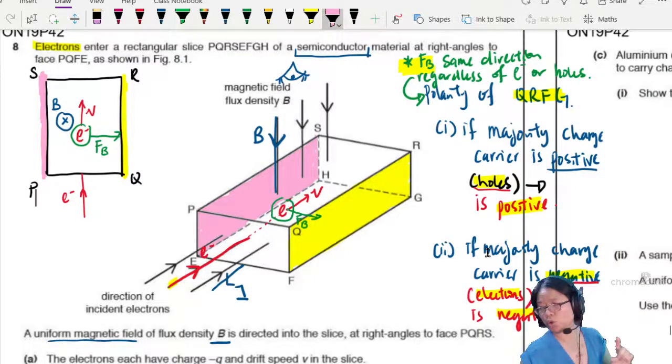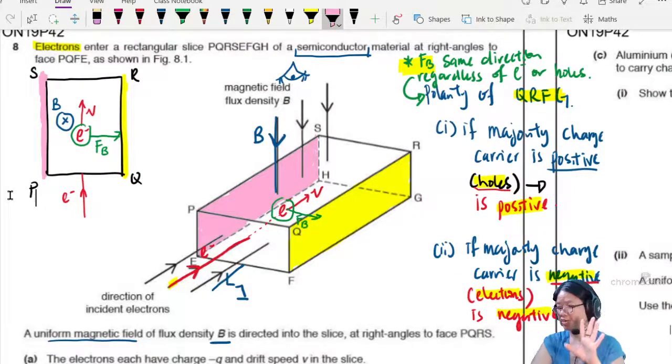So right now, hopefully having both top views and side views and understanding that the direction of magnetic force is the same once we establish the direction of magnetic field and current, then you just need to know who is the majority charge carrier. The question is perhaps a bit misleading when they use direction of incident electrons, but I think most people will know that direction of current is going against the direction of electron.